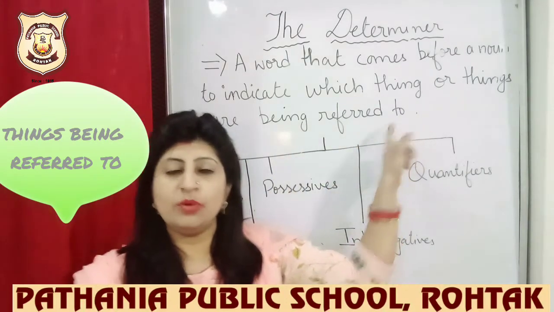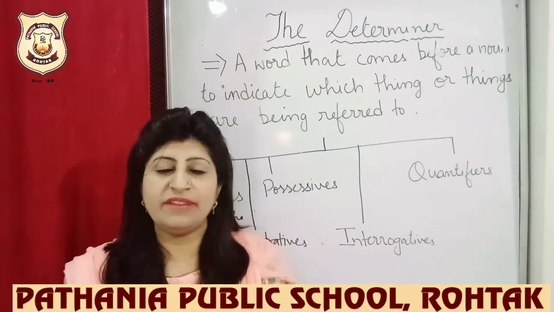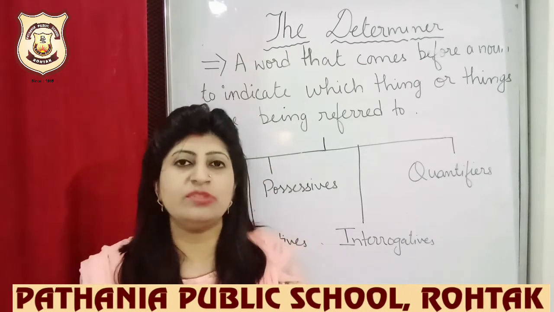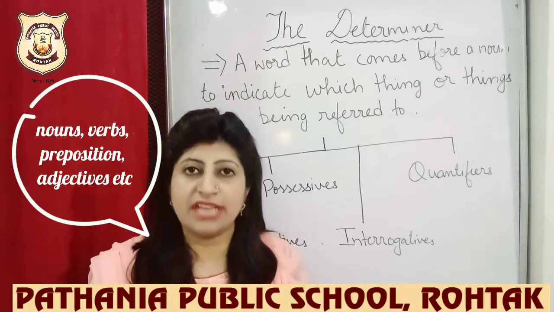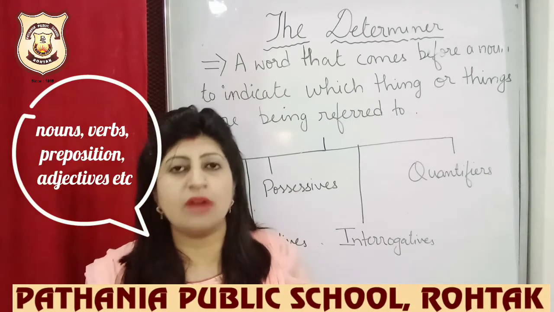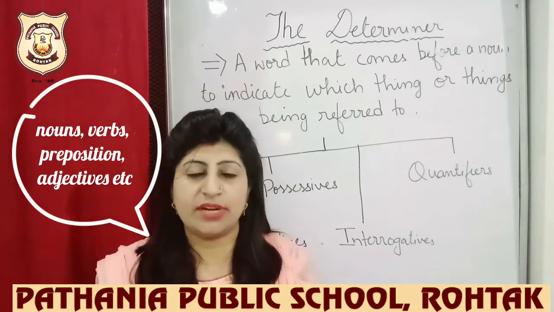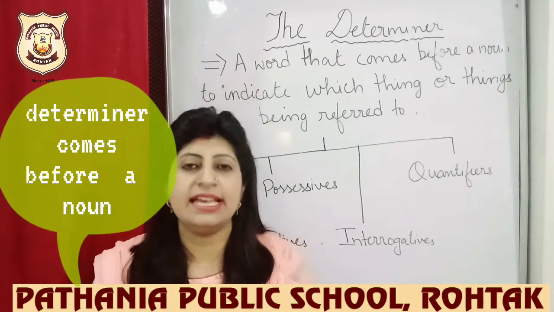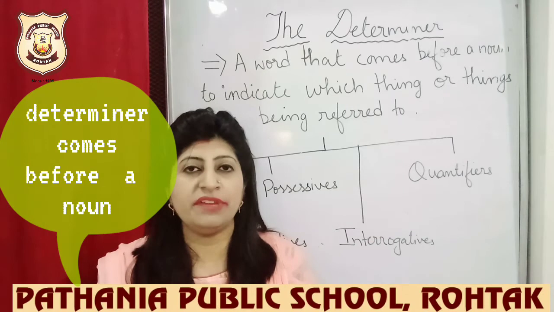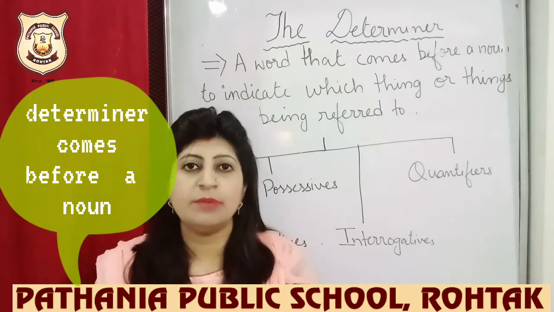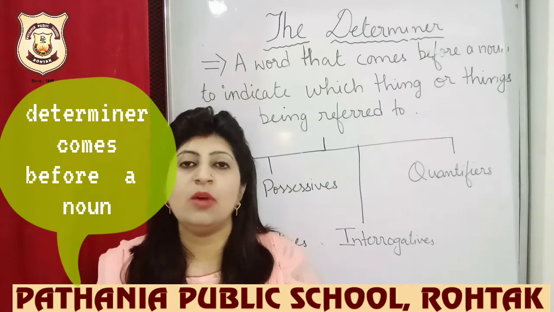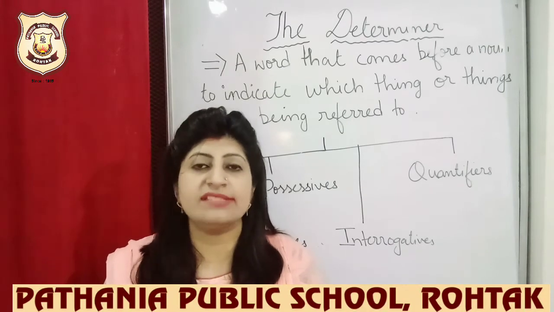In a sentence we use many words: nouns, pronouns, verbs, etc. Similarly, determiners are a part of the sentence, and they are always placed in front of the noun, and they help us determine what exactly the noun is referring to.